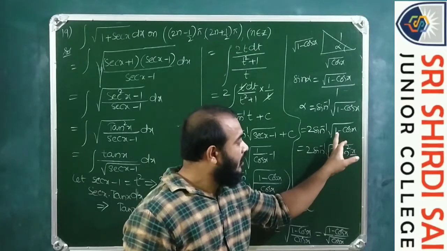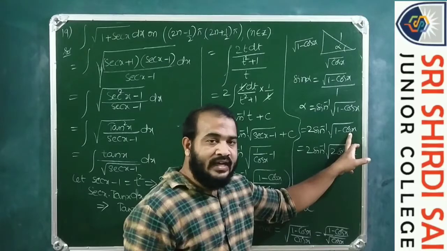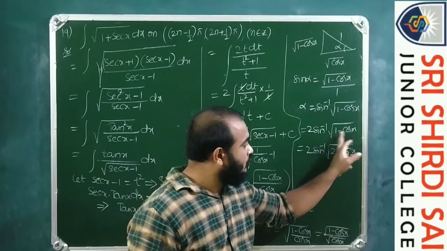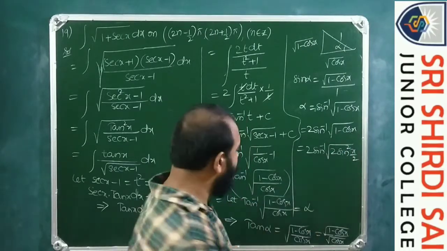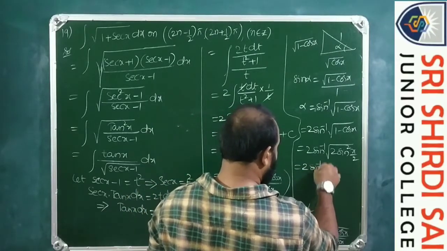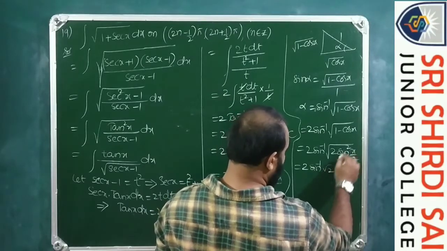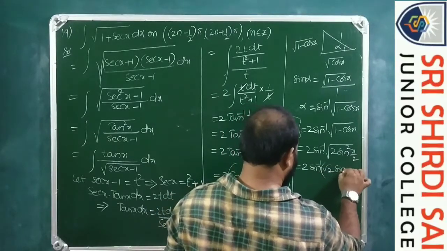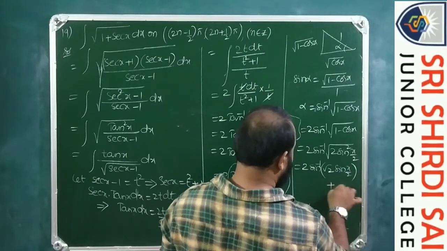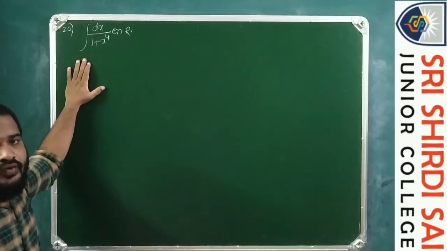Half angle formula. 1 minus cos 2x is 2 sin square x, while 1 minus cos x is 2 sin square x by 2. So this is 2 sin inverse of root 2, square root gets cancelled, sin x by 2 plus constant of integration c.